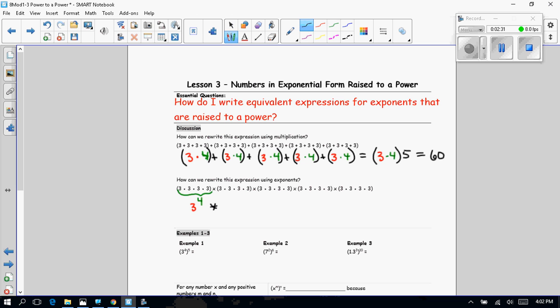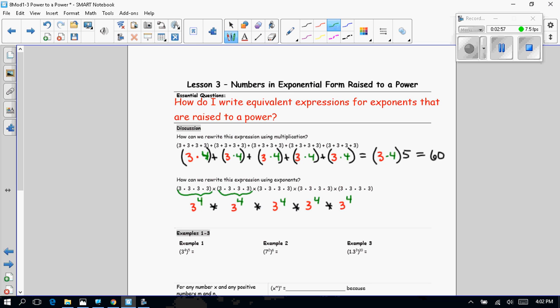Times, and again, I have 3 to the 4th power, and again 3 to the 4th power, and again, and one more time, I have 3 to the 4th power.